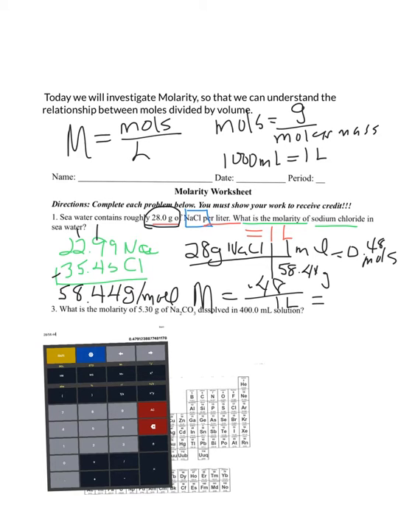So 0.48 divided by 1 would equal 0.48 capital M of seawater.